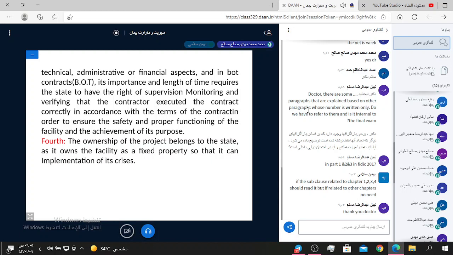The importance of BOT contracts. First, it helps to attract local and foreign investment and to improve and develop public functions and achieve economic development. Second, reducing the burden on limited government resources, as the private sector bears the funding, establishing and operating these facilities and bearing the risks of function gain.